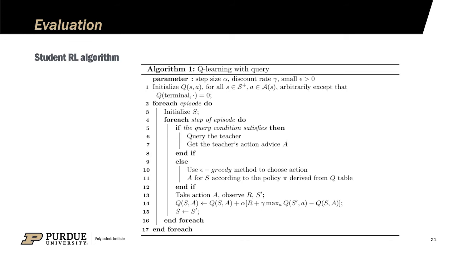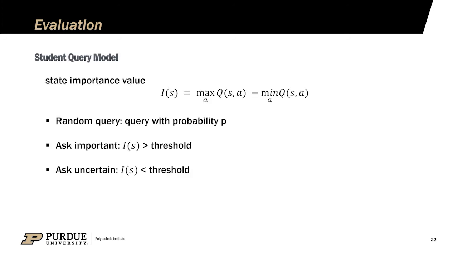This figure shows a general framework, which illustrates Q-learning with a query model. Here we can introduce different query models into the algorithm. As we mentioned before, we consider 3 different ones: random query, ask important, and ask uncertain.